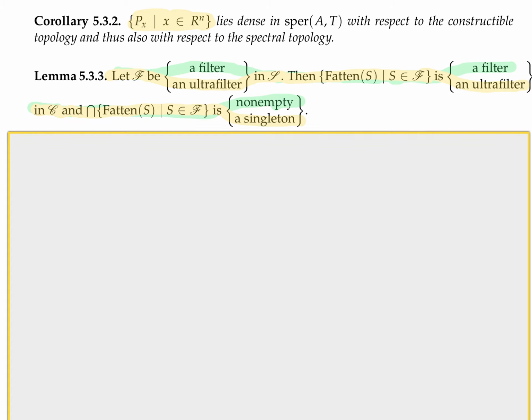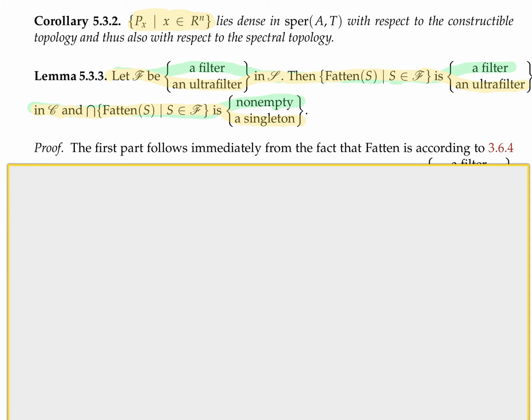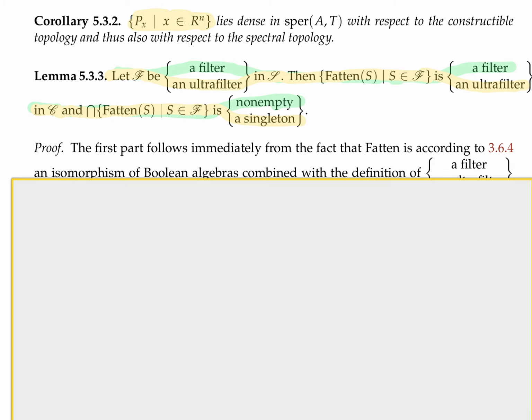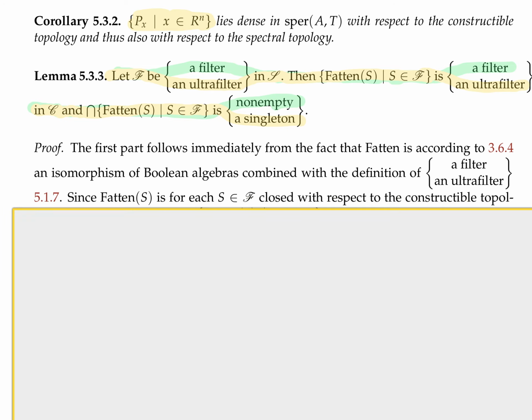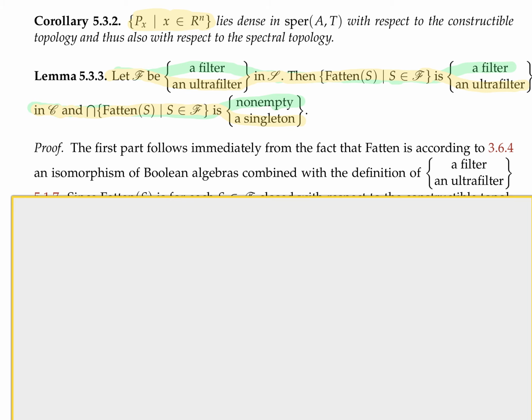Okay, so the first part follows immediately from the fact that the fattening is an isomorphism of Boolean algebras, if you think about the definition of a filter, respectively an ultrafilter. So this is what is meant with the first part, of course.